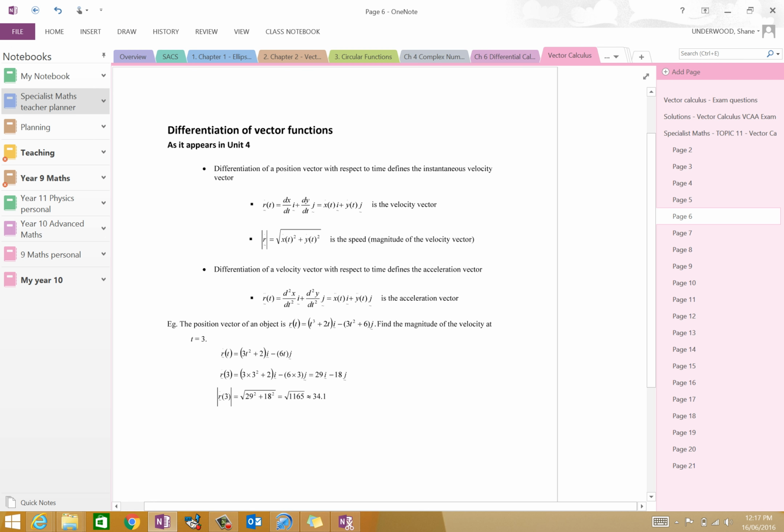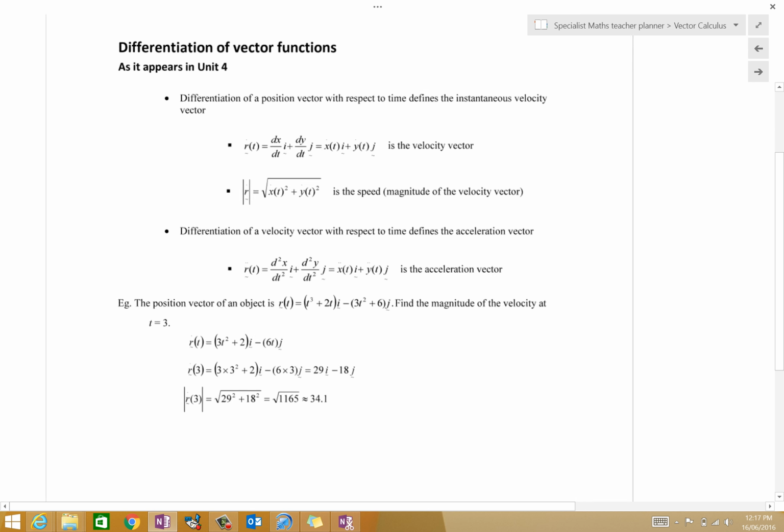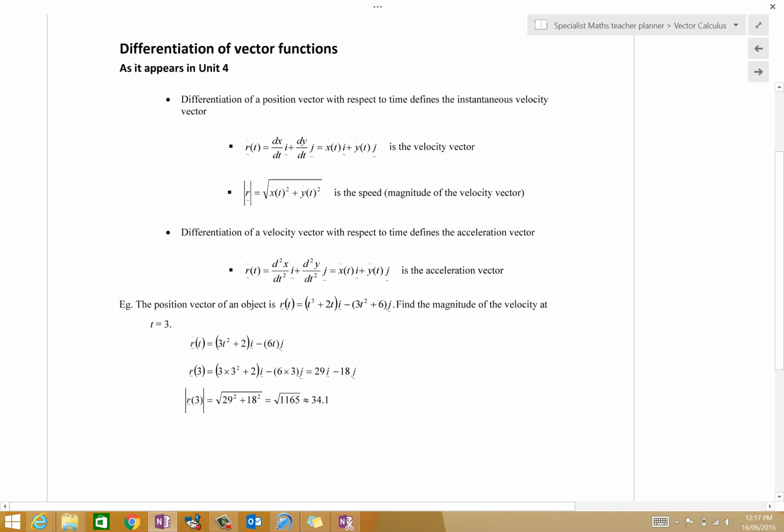And what we're going to say is that the magnitude of r dot is the speed, using Pythagorean theorem more or less, because the speed is a scalar quantity. So if you've got an expression as a vector, then the instantaneous speed is the magnitude of that vector at that time.